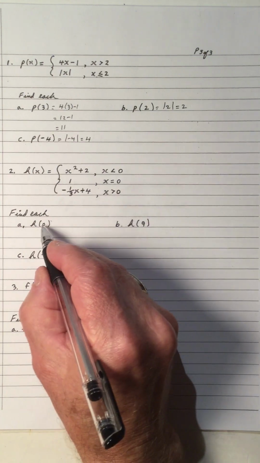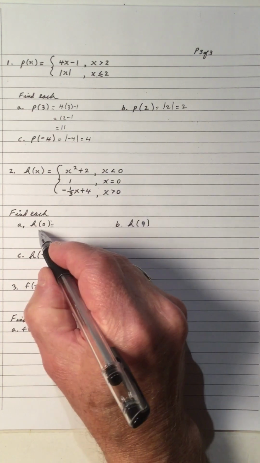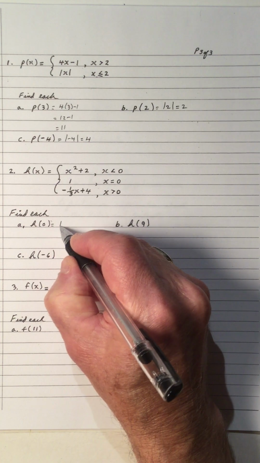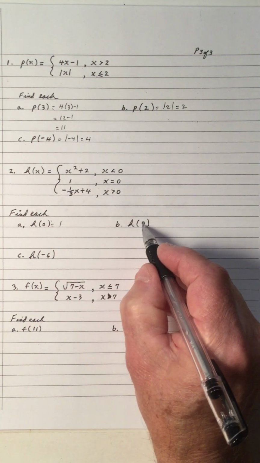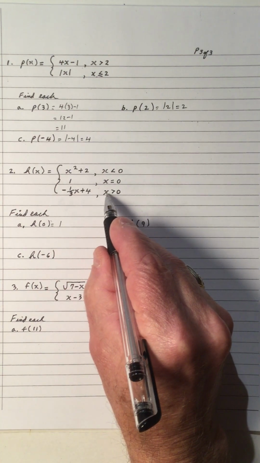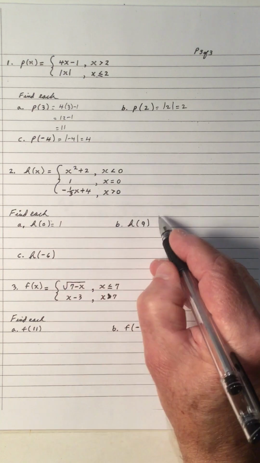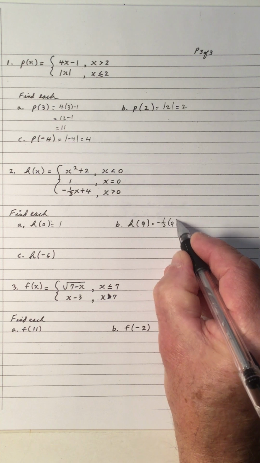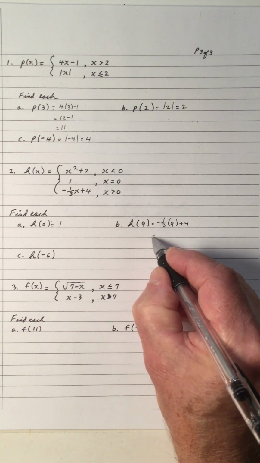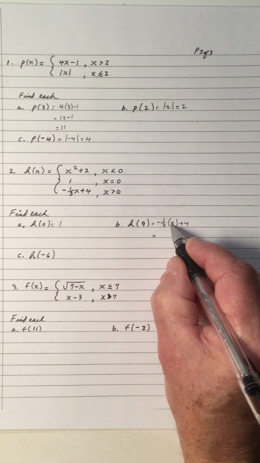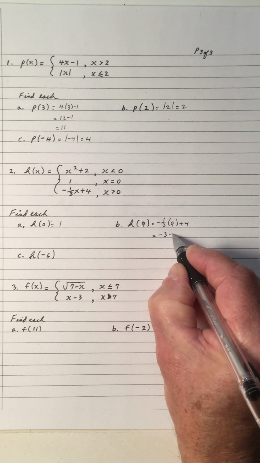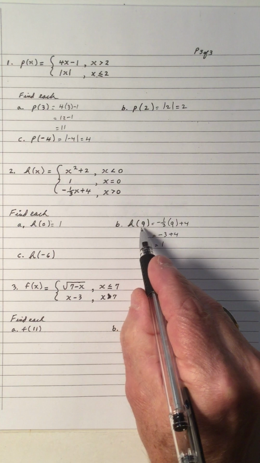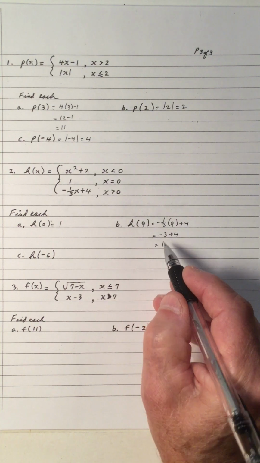So when x is 0, that means that y is 1. 9 is greater than 0, so 9 goes in here. So negative 1/3 times 9 plus 4. Multiplication first. 1/3 of 9 is 3, so negative 3 plus 4 is 1. So the h of 9 is 1.